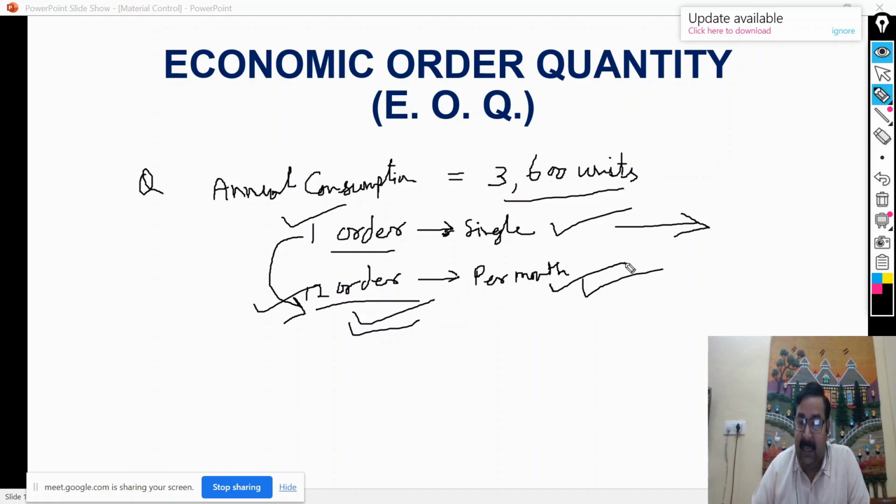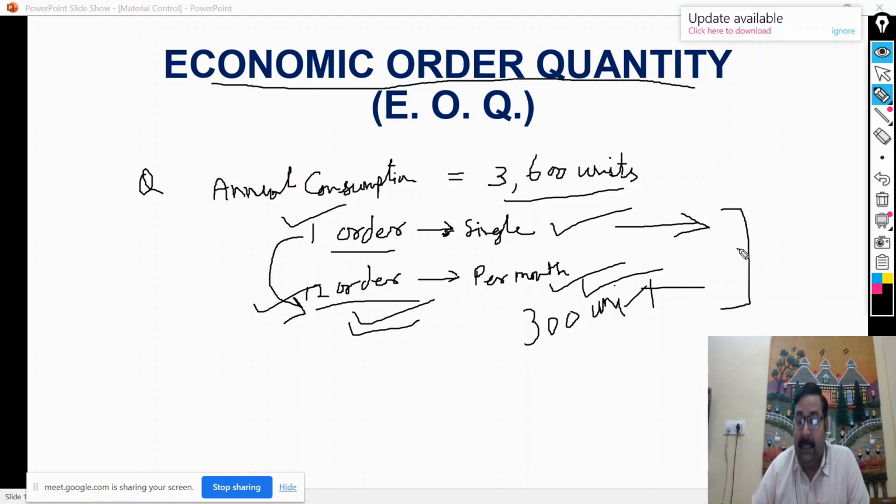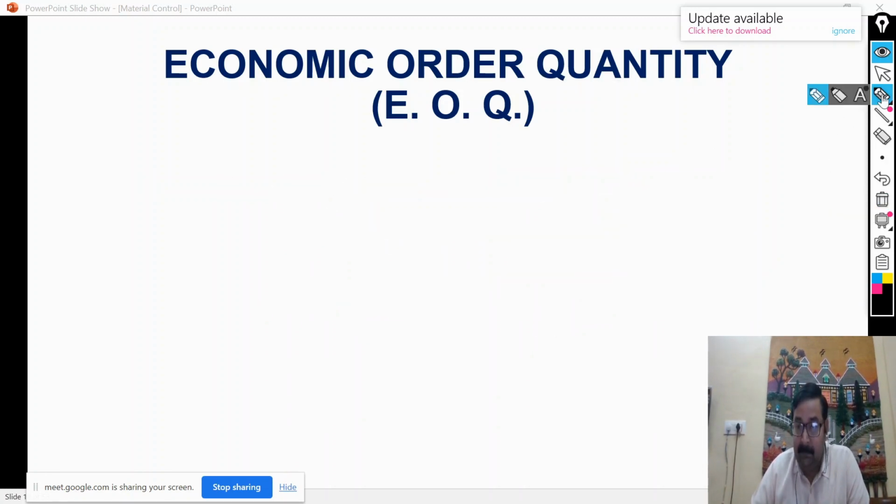But in the second case we purchase only 300 units per month, so my storage and carrying cost is minimized. Economic order quantity provides such an order quantity in which both the costs are minimum. Is it clear?